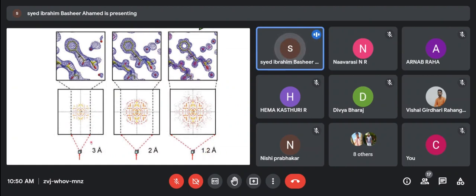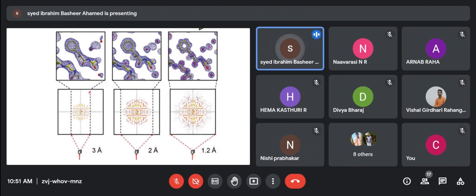So don't think that when you have low resolution data, the electron density is not accurate, so it is not useful. No, don't think that. Okay, 3 angstrom is very good data, but you cannot speak at the atomic level accuracy by using low resolution.